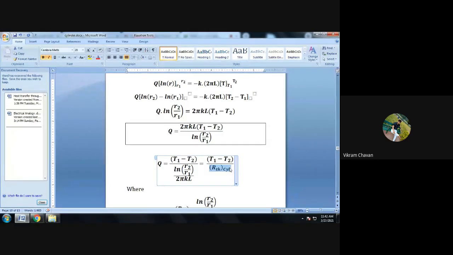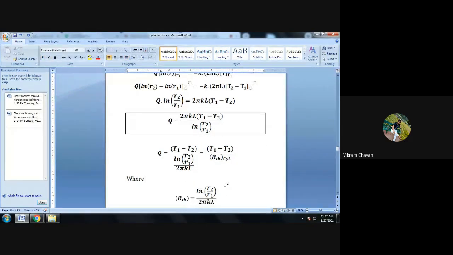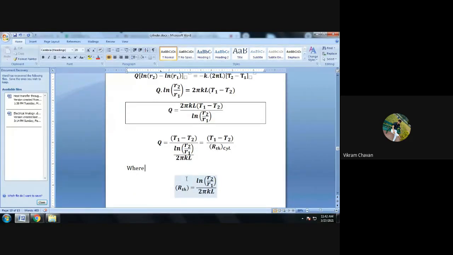Where RTH is equal to ln of R2 divided by R1 divided by 2 pi kl, which is nothing but the thermal resistance for cylinder. Getting everyone?